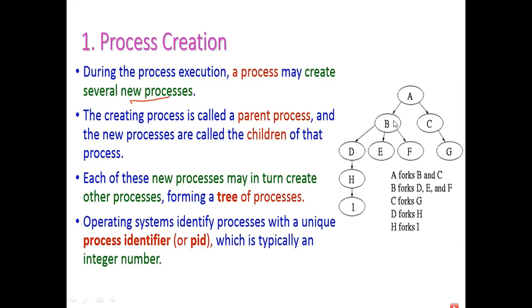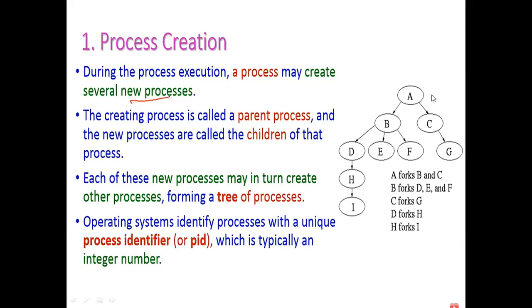Each of the new processes may in turn create other new processes, which will form a tree of processes. Whenever any process creates a new process, it uses the fork system call.